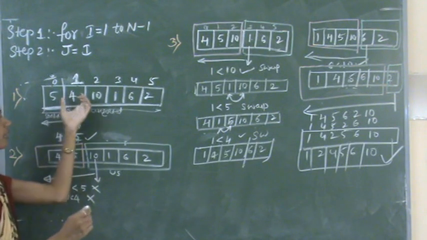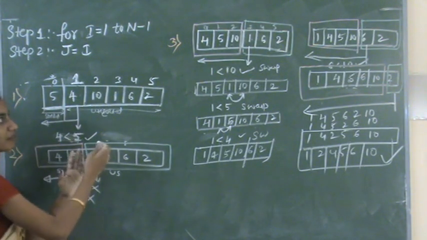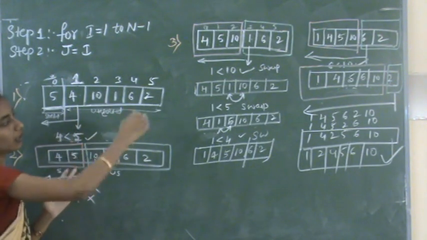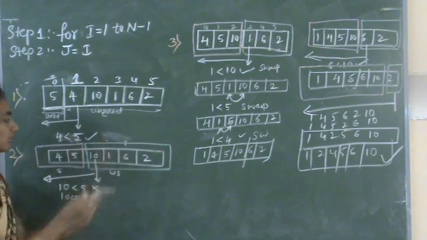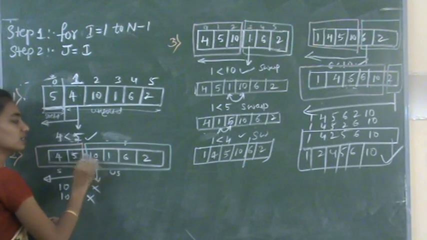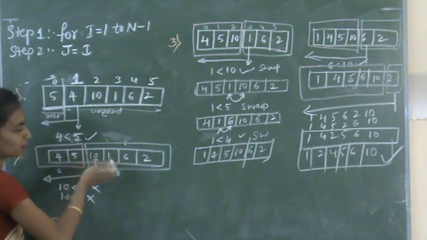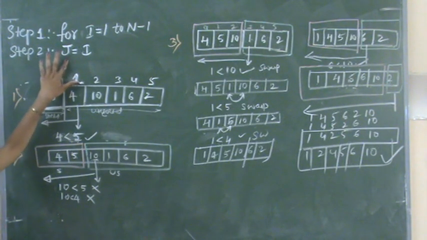For swapping, if I swap with I only, the array will be swapped everywhere. That's why I am assigning the I value to another variable. Okay, so this will be assigned.